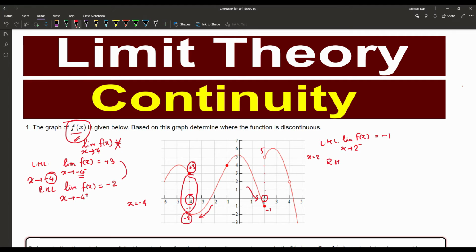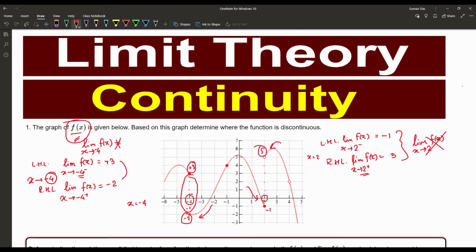For the right hand side, in notation as x tends to 2 plus, f(x) gives us the result 5. So once again the left hand limit and right hand limit values are different when x approaches 2. So the limit as x approaches 2 of f(x) does not exist.